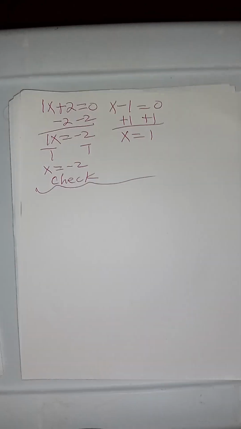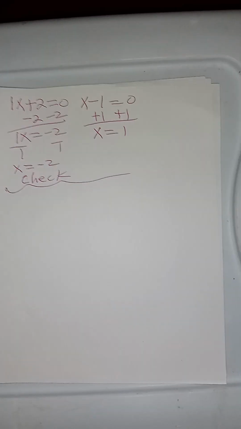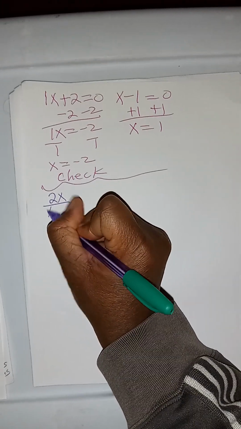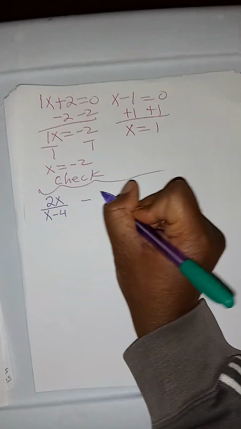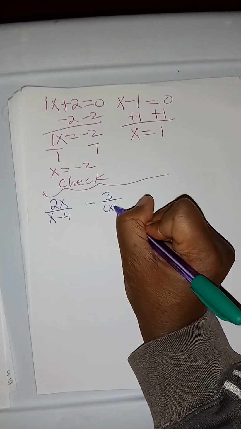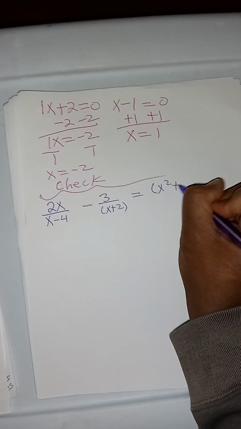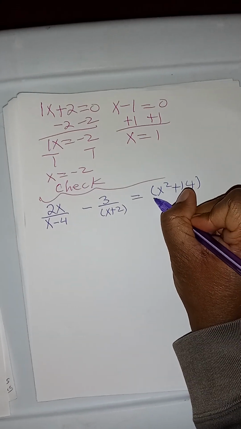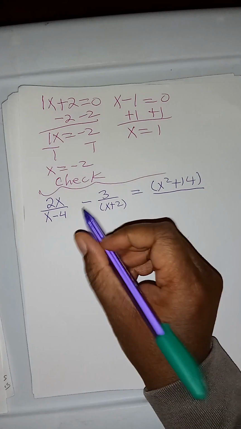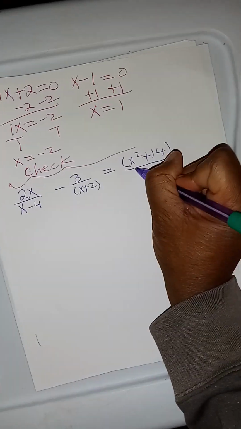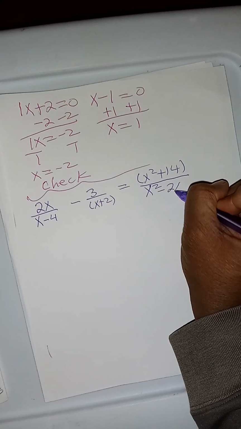Okay. So we're going to look back at the equation of 2x over x minus 4 minus 3 over x plus 2 is equal to x squared plus 14 divided by x squared minus 2x minus 8.